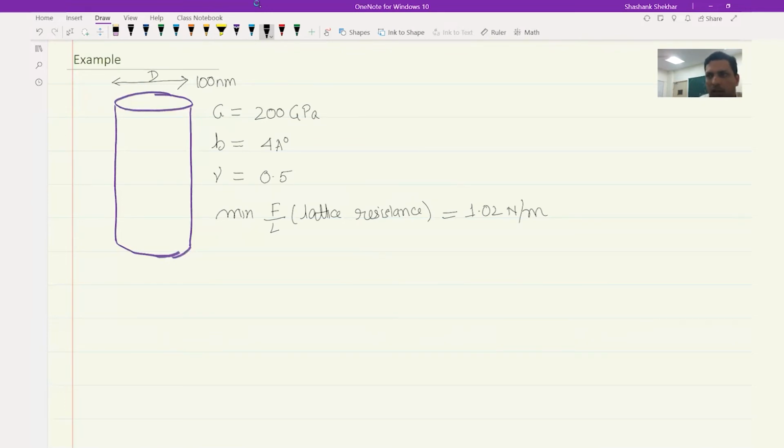Then the question is, find out the thickness of the shell of this wire which is free of dislocations.